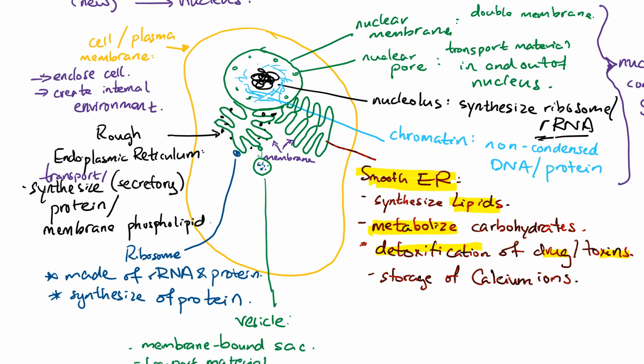And it can be used to send to the Golgi apparatus, which is also another membrane-bound organelle. The color looks kind of similar, so I'm going to change this to dark blue. Okay. So the vesicle is going to carry the protein, and then it's going to fuse with the Golgi. So the vesicle is going to move, carry the material, fuse with the Golgi, and the material is going to be transported into the Golgi.